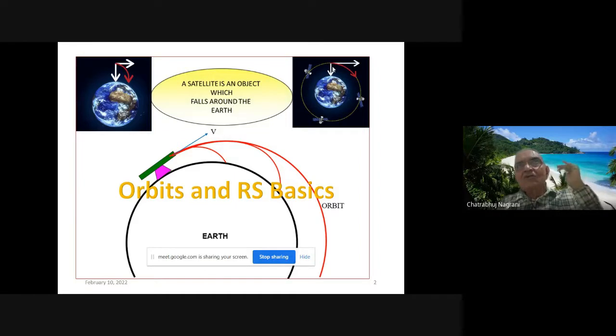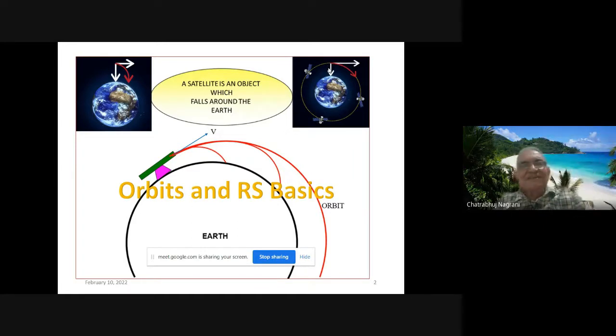So if I want to launch in a particular orbit, I have to give a given velocity by our launch vehicle, and that is why, because we have different types of launchers, we have a given payload or a given satellite which has a particular mass. Now I have to give that much tangential velocity. First I have to take it up to a height where I want to release the satellite, and then give a tangential velocity.